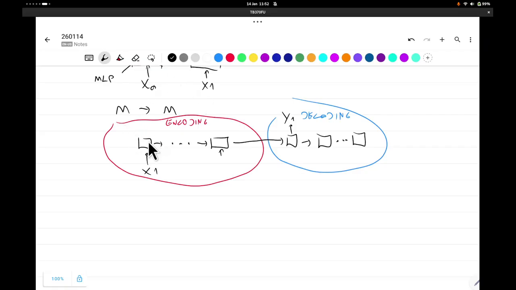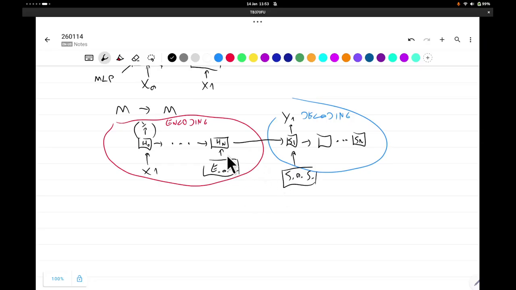Also in the encoding there is some output, but it's typically disregarded. What is important is the information going through the encoding, which is transferred to the decoding. The encoding is finished by some kind of end of sentence signal, and the decoding is triggered by an input that is called start of sentence.